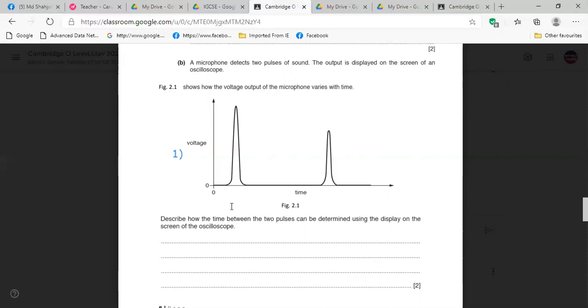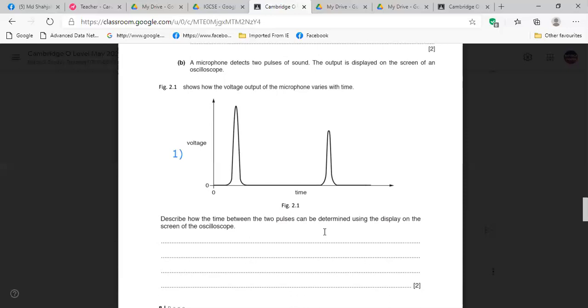Like the time base is given, for example, 5 millisecond every division, right? So if there are, for example, 6 divisions, then there will be 30 millisecond between the peaks, isn't it? Do you understand what I'm saying? Yes, sir. So here for 2 marks, first one is find number of divisions between the peaks.